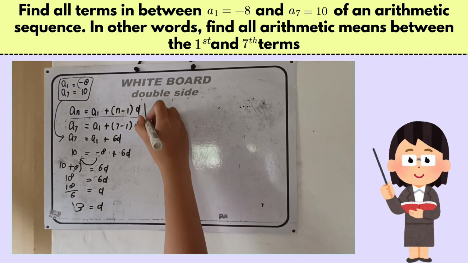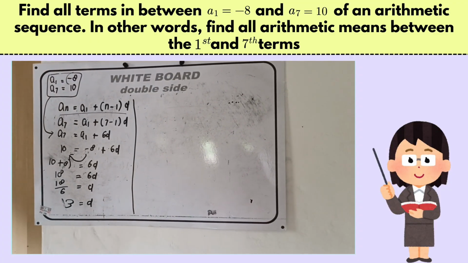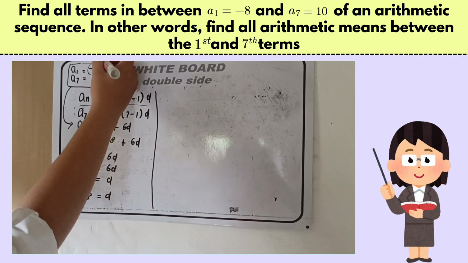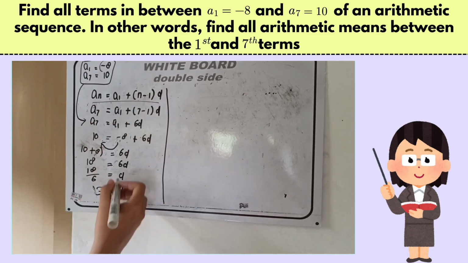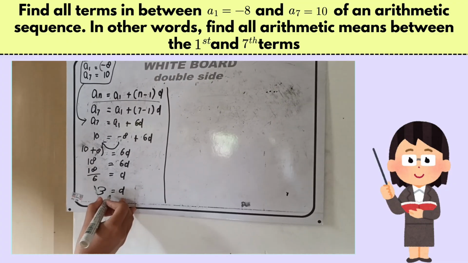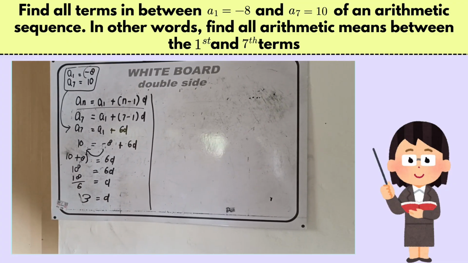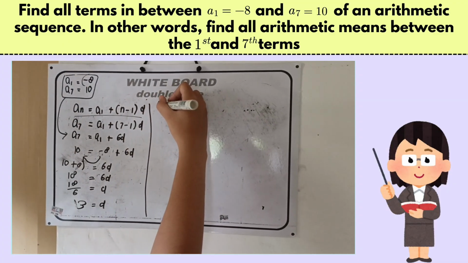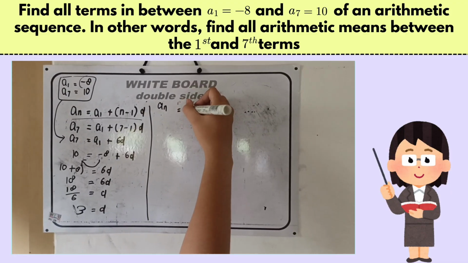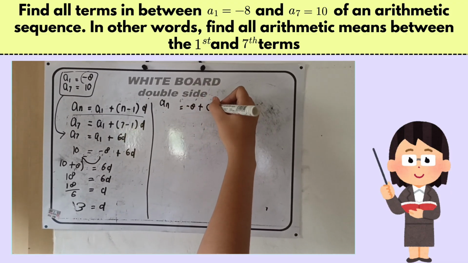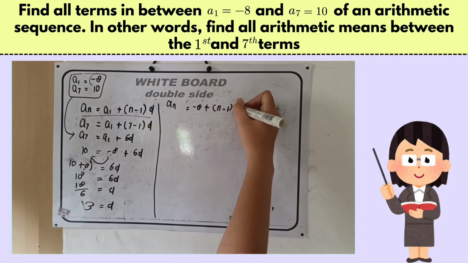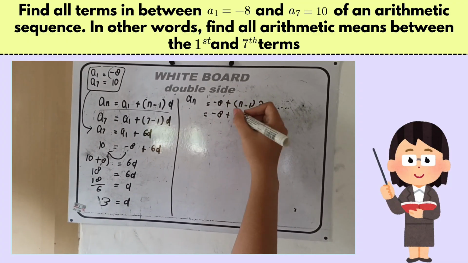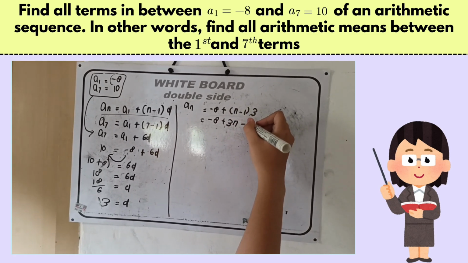Okay, then next use the first term a sub 1 equal negative 8 and the common difference d equal 3 to find an equation for the nth term of the sequence. a sub n equal negative 8 plus n minus 1 multiplied by 3. Negative 8 plus 3n minus 3.